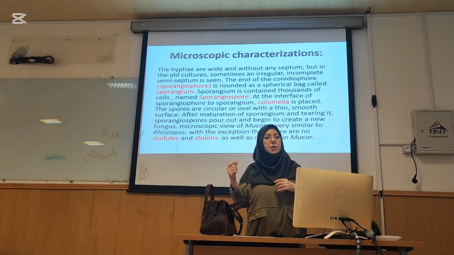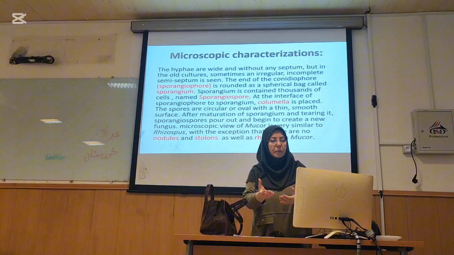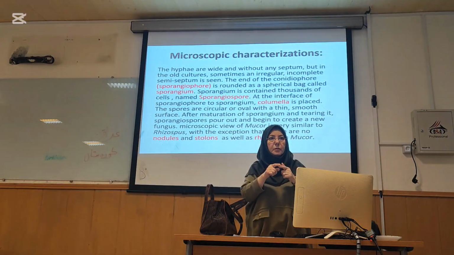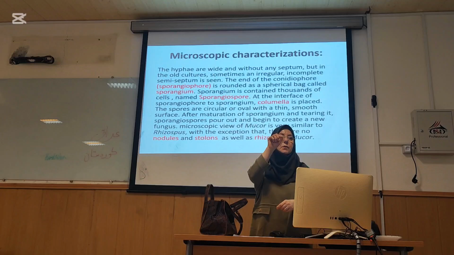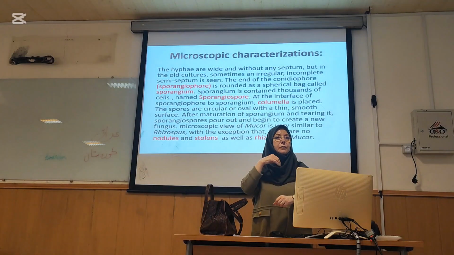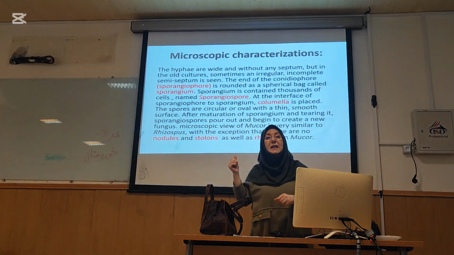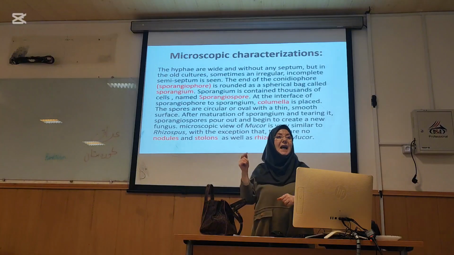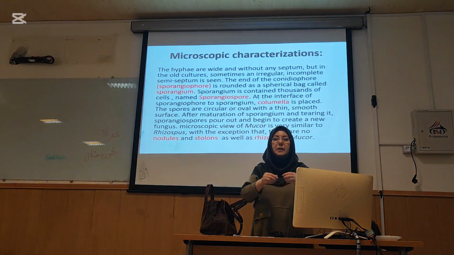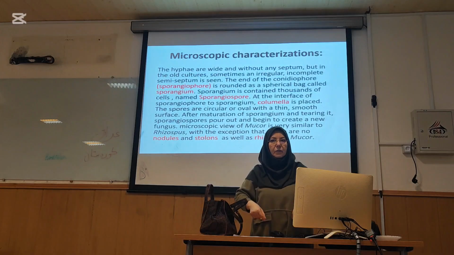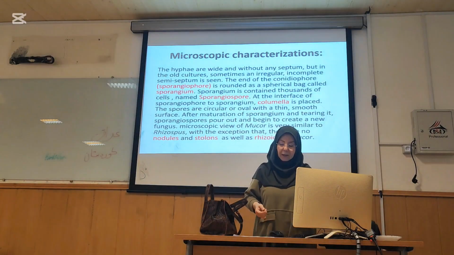In Mucor, under the microscope you see just a sporangium attached to the sporangiophore, and the sporangium is full of sporangiospores. But in rhizopus, in addition to this view, you can see some rhizoids at the base of a sporangiophore, like this one.